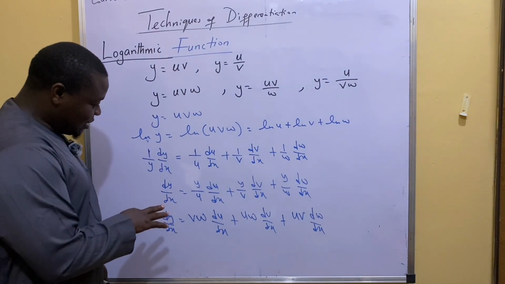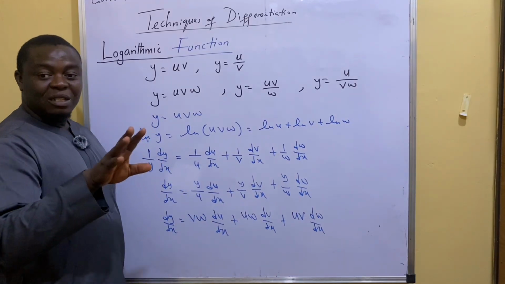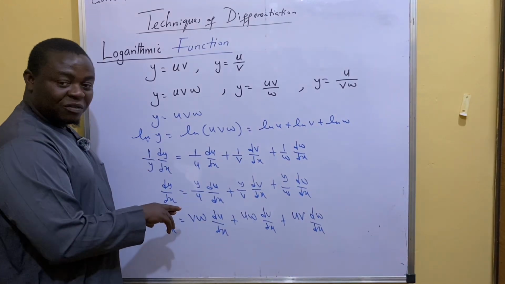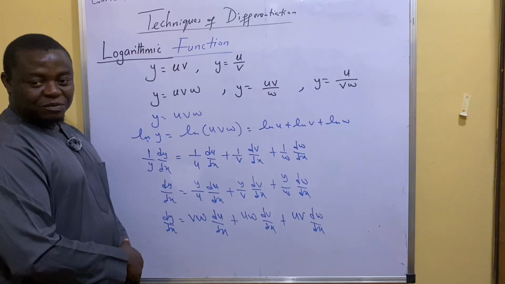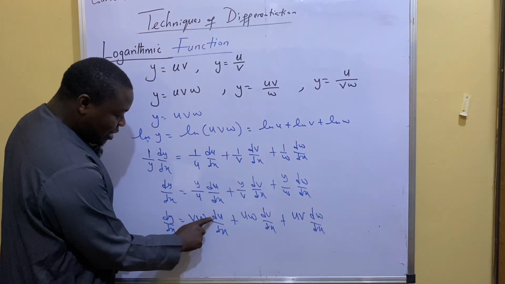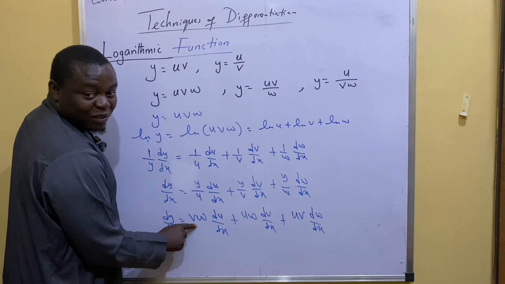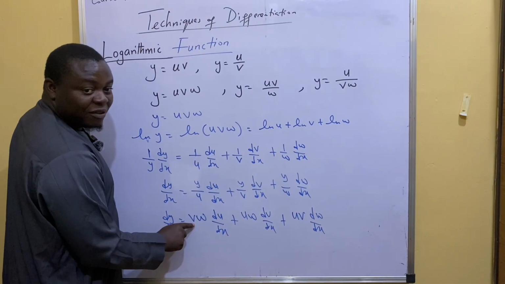I think from this you can generate a formula for finding the derivative of the product of four functions. So what do you observe? When you are taking the derivative of u here, u will not be part of this one. It will only be vw.